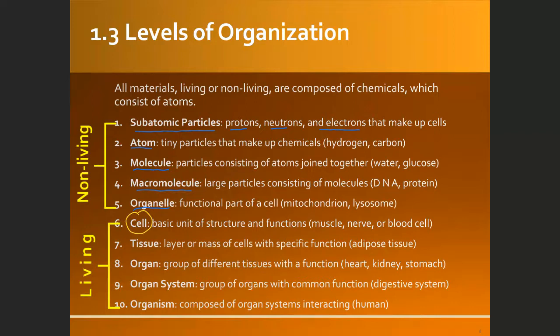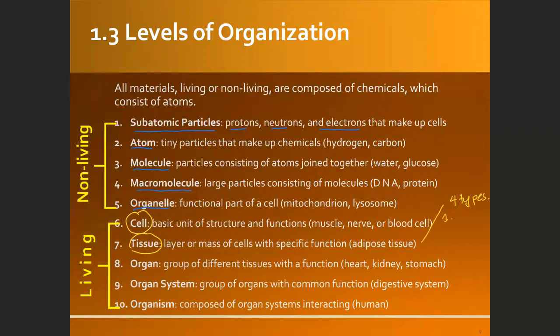Okay? So the cell is the basic unit of living, and cells that have the same shape and the same function will organize together to make tissue. In the human body, there are only four types of tissue.